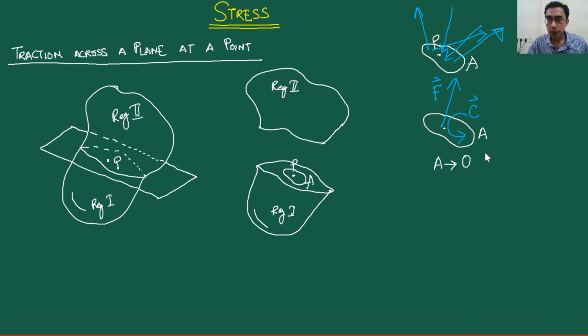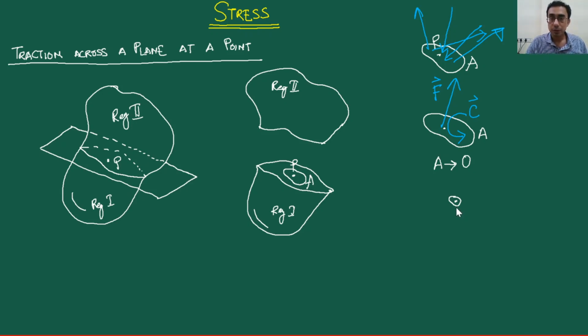So mind you, our current situation is like this: you have this point P around which there is just a small area. Even this is a very large area. This is not tending to 0, but for the purpose of clarity of drawing, I'm drawing it like this. So we have the point P, and this area has shrunk to a very, very small region around the point P. In this kind of situation, our force F has also tended to 0.